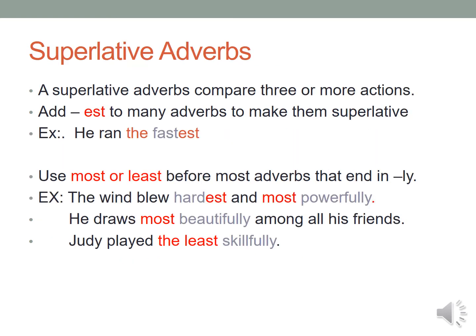Okay, what about the superlative adverb? As we said before, superlative means comparing three or more. So how can we form the superlative adverb? As we said before, adverbs are words that describe how we do the action.